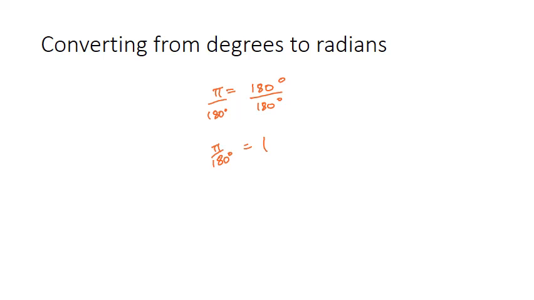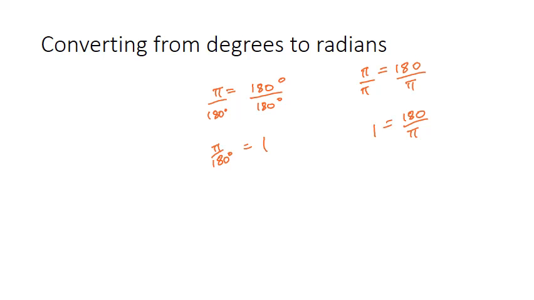Or if we did it the other way, if we had pi equals 180 and we divided everything by pi this time, then 180 over pi is basically 1, because 180 and pi are the same thing. If they divide by each other, they're just going to give us 1.